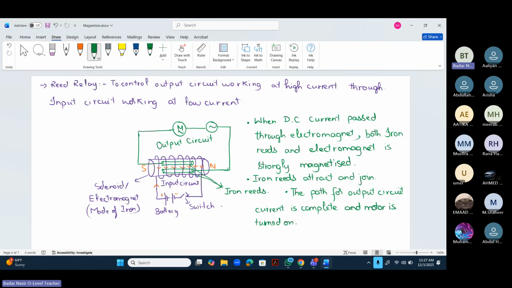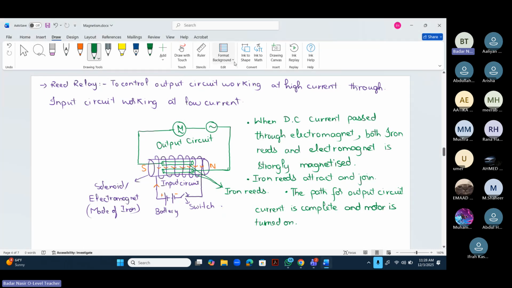Now why can't we use a steel electromagnet or steel reeds? Because even if I turn off the switch, steel retains its magnetism for a longer period of time. So even if I turn off the switch, the output circuit will continue to work. And this is not what we want.